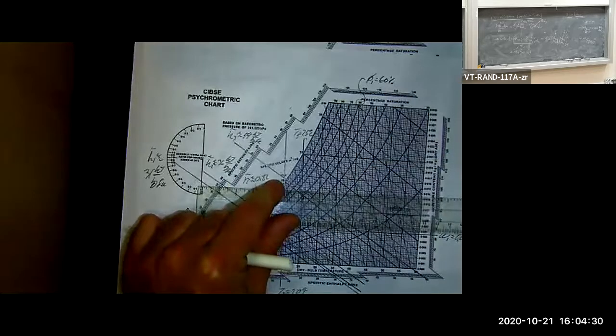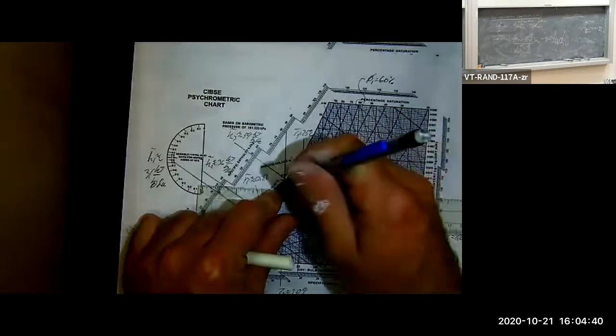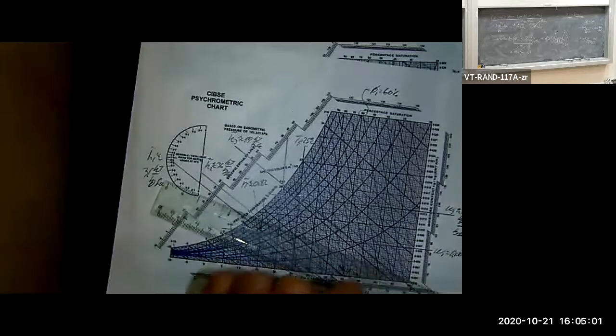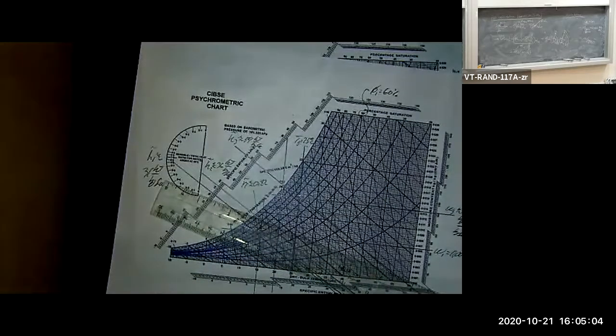Looks like about, so omega 3, about 0.0135, kilograms H2O per kilogram dry air.